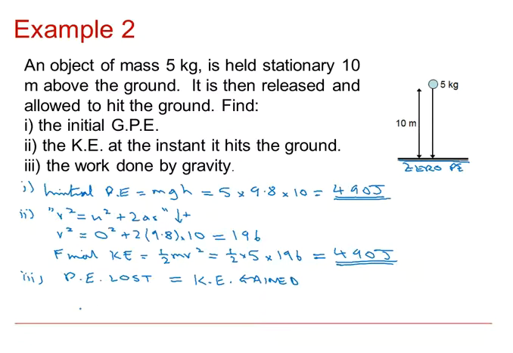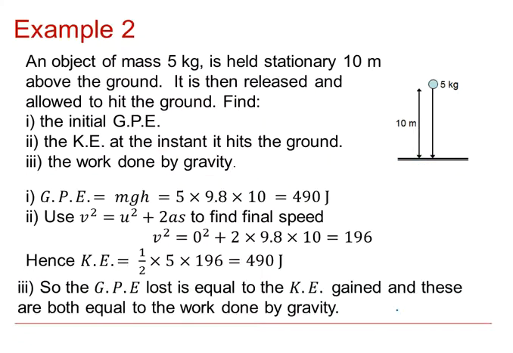And the other thing we've discovered is that the work done by gravity, which is what we've been asked to find, we know the work done by gravity will be the potential energy lost in this case. So the work done by gravity is also 490 joules of work done by the gravity, as we can see there.